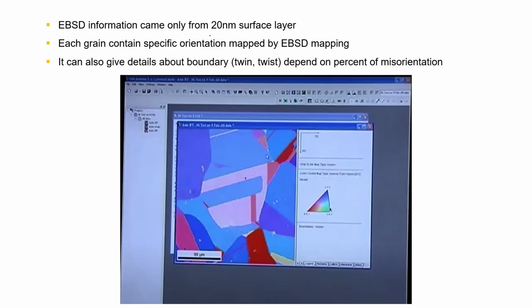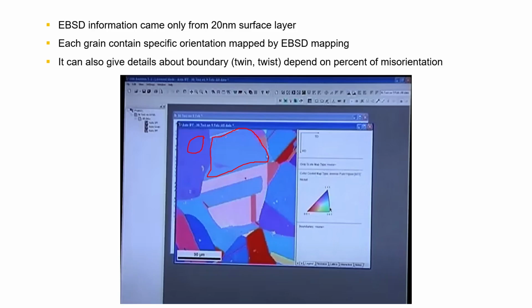So this is a surface phenomenon, we can say, where each grain will contain a specific orientation. This dark blue color you can see, this whole grain is in a specific orientation, and then in the next grain the orientation has changed as compared to the previous one. So this gives you the colored maps of your EBSD pattern.